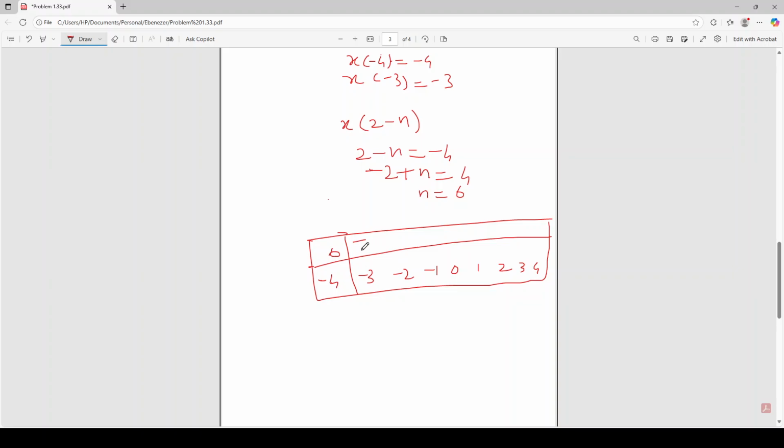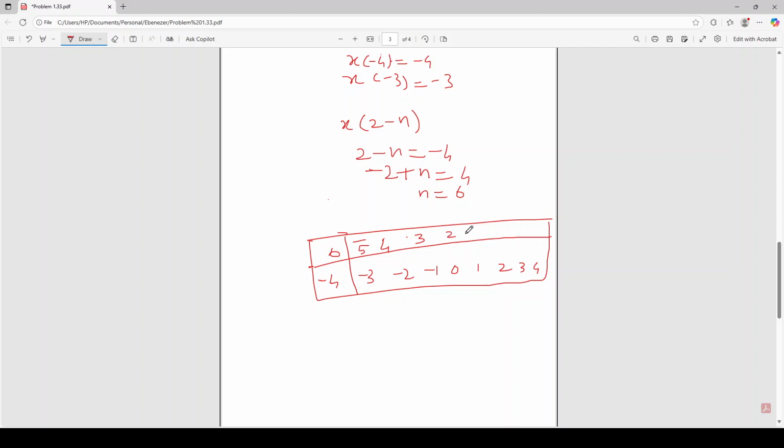Here n is 5. Then 4. Then 3. Then for -1, -1 plus 2, sorry, 1 plus 2 is 3. 0 means n is 2.